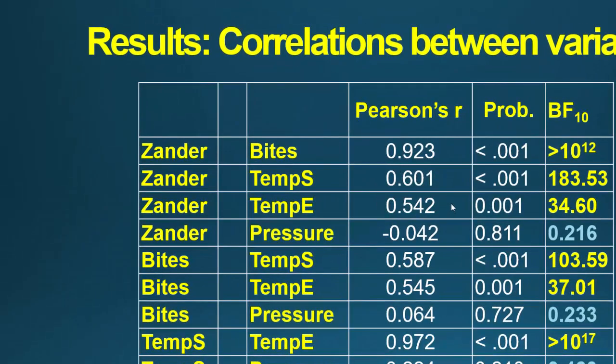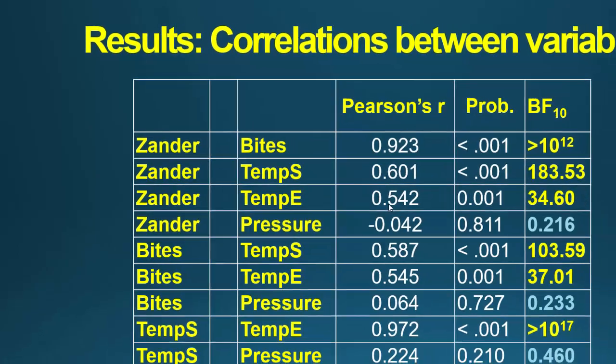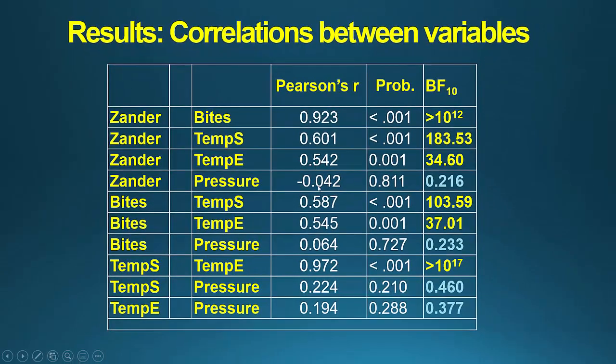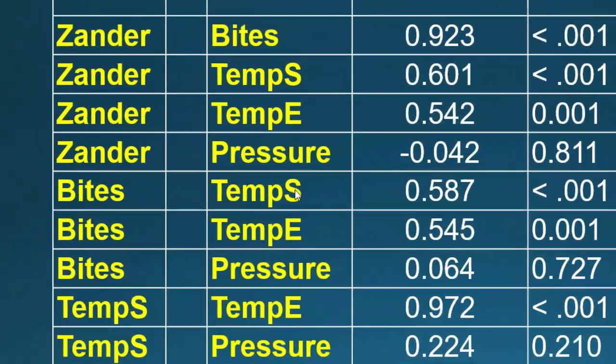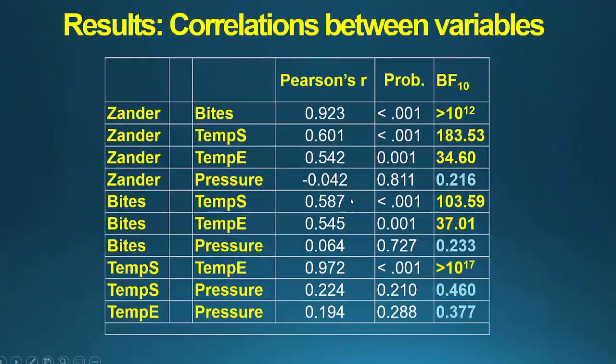And we notice there are moderate, mid-ranking positive correlations, 0.6 between Zander caught per rod per hour and the air temperature at the start, and a similar correlation with the air temperature at the end. Also, the same sorts of relationship when I explored it using bites with temperature at the start and the end.